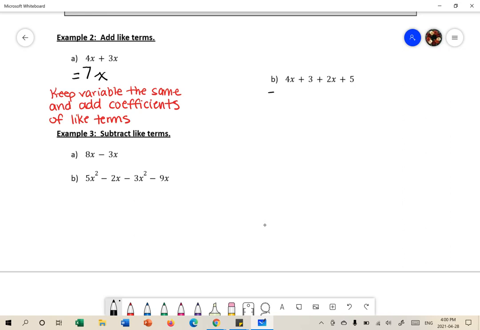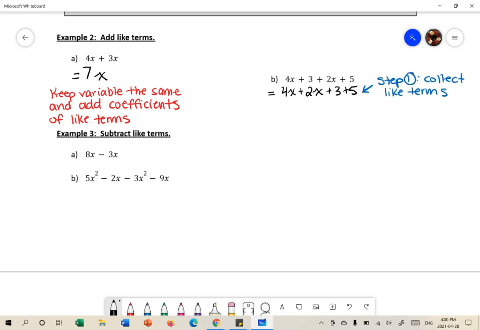So what I'm going to do is reorder how this expression is presented to us. I'm going to keep my like terms beside each other. We call this collecting like terms.